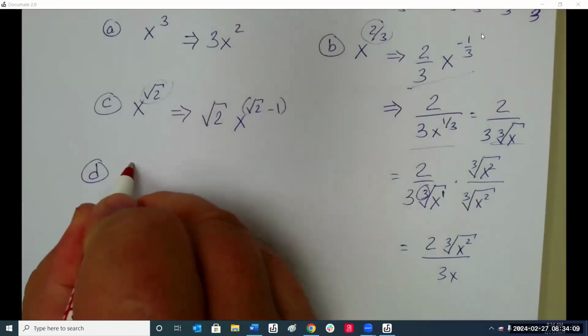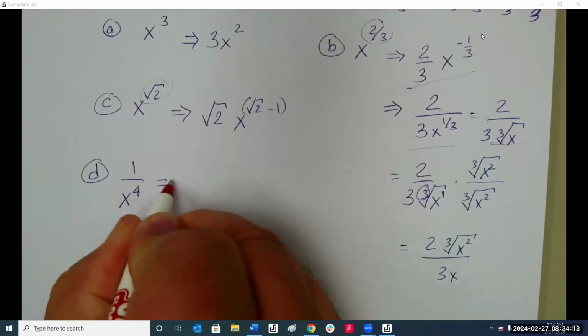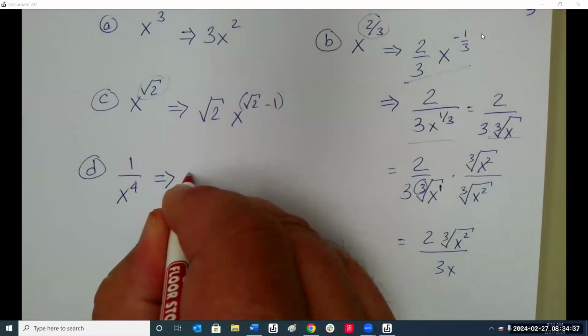D, 1 over x to the 4th. What is its derivative? What's the first thing you've got to do? Bring it up on top. How do you bring it up on top?